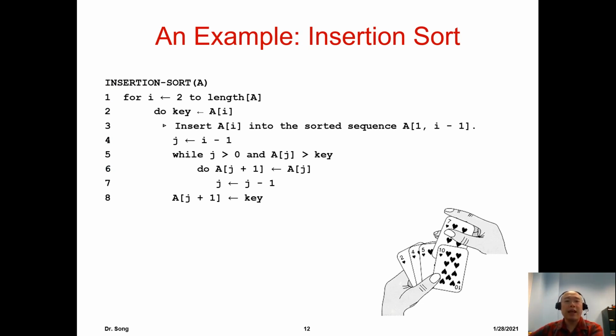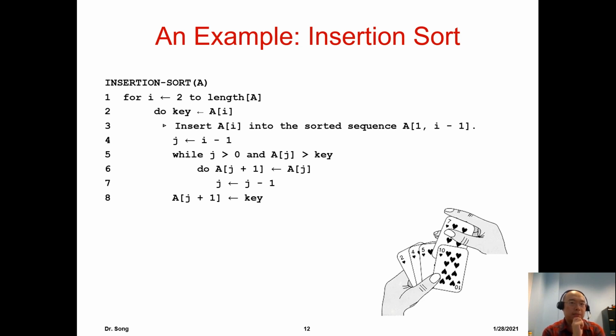Okay, so next we want to talk about another sorting algorithm. And by the way, if you have already coded the bubble sort, you probably have some idea of how the bubble sort can be done. Long story short, in each round, what do we do?